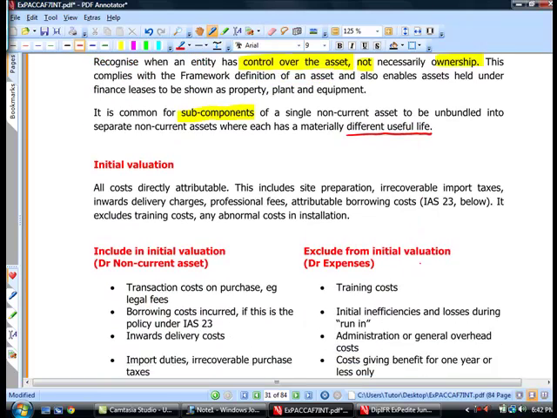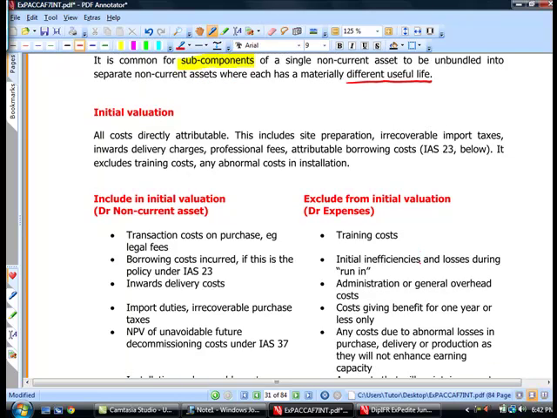Initial valuation. Okay, once we decide that we do have an asset and we have to present it in the statement of financial position, we will present it if and only if we can put a value to it.